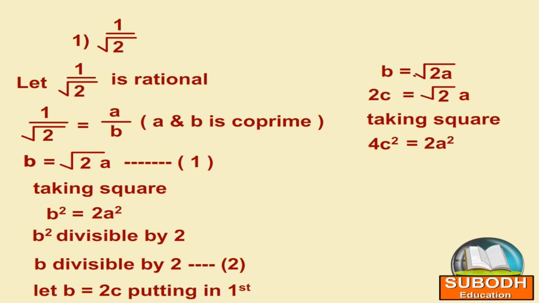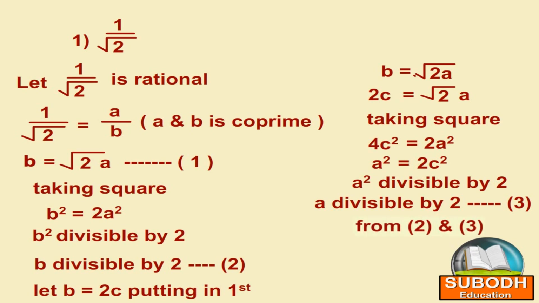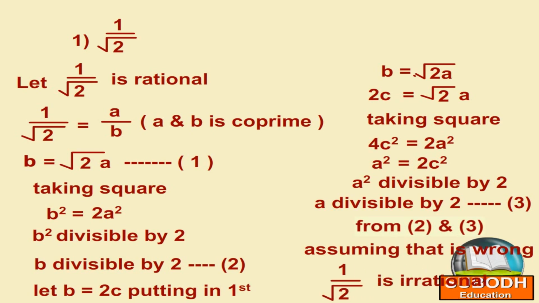Dividing both sides, 2a square divided by 2, a square is equal to 4c square divided by 2, 2c square. Therefore, a square has factor 2. a square is divisible by 2. Therefore, a is also divisible by 2. Equation number 3. From equation first and second, the common factor is 2. Therefore, our assumption is wrong. Therefore, 1 by root 2 is an irrational number.